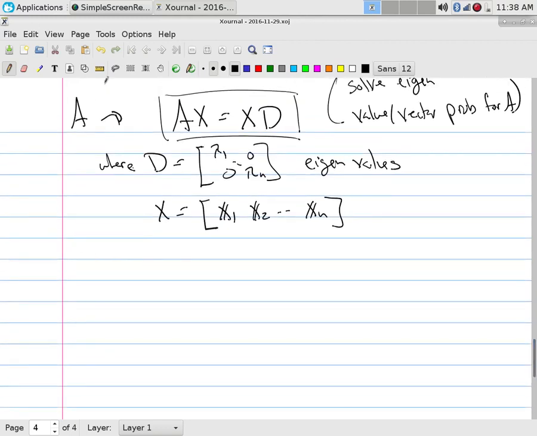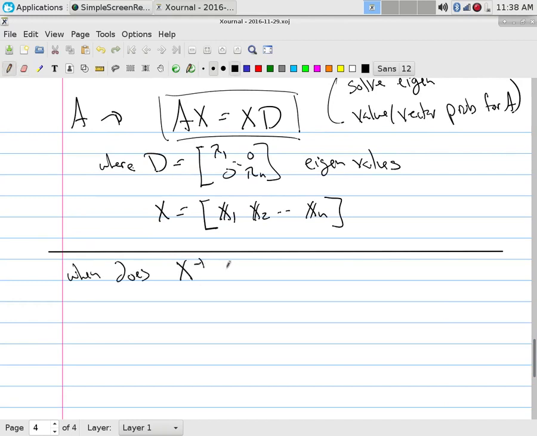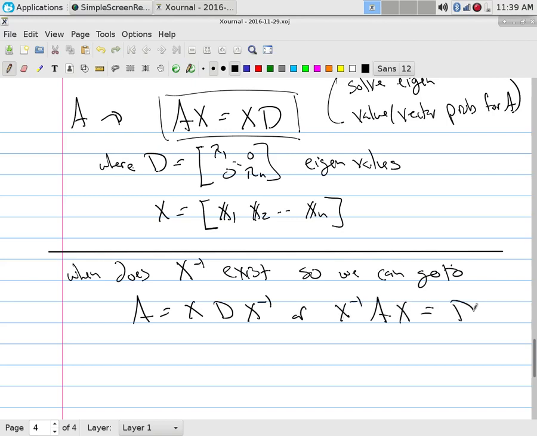Now, the question we're going to be interested in is I would like to have D by itself and I would like to have A by itself, which means when does X inverse exist? So we can go to A is equal to X D X inverse, or we would have X inverse A X is equal to D. If they say write the diagonalization, they want you to write that.